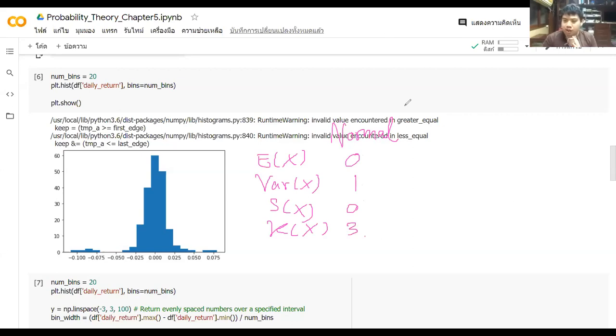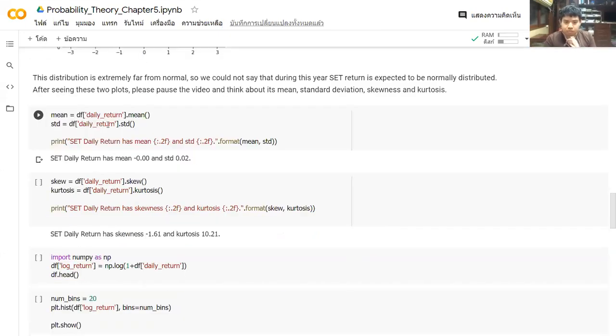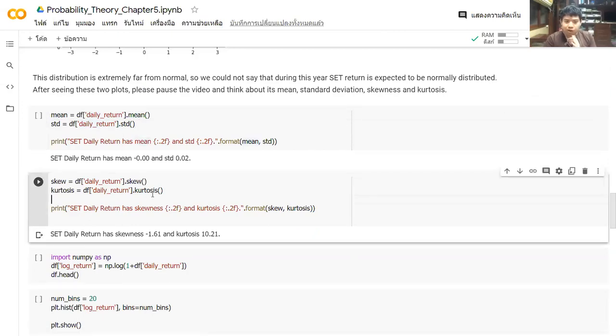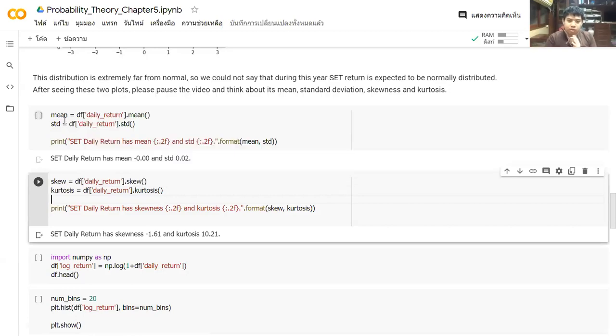But how about the SET index daily return? What do you think those will be? Okay, let's think about it, and I'm going to run the code to find out the answer. So you find the mean, .std, .skew, because these are functions that we use quite often.